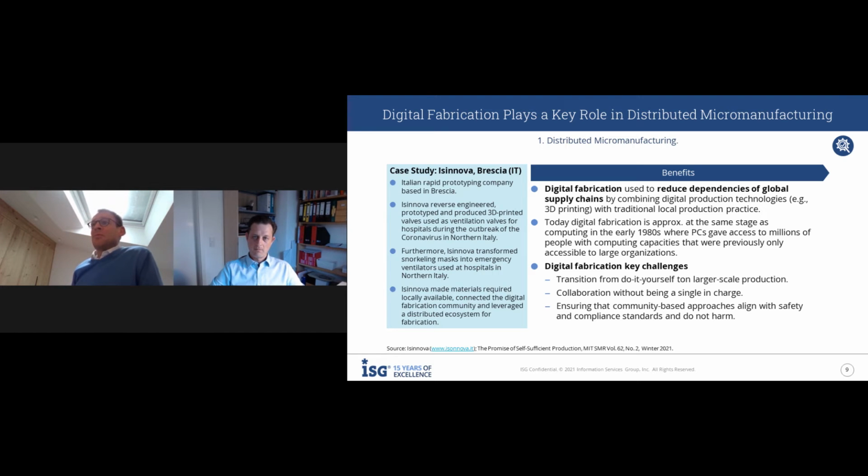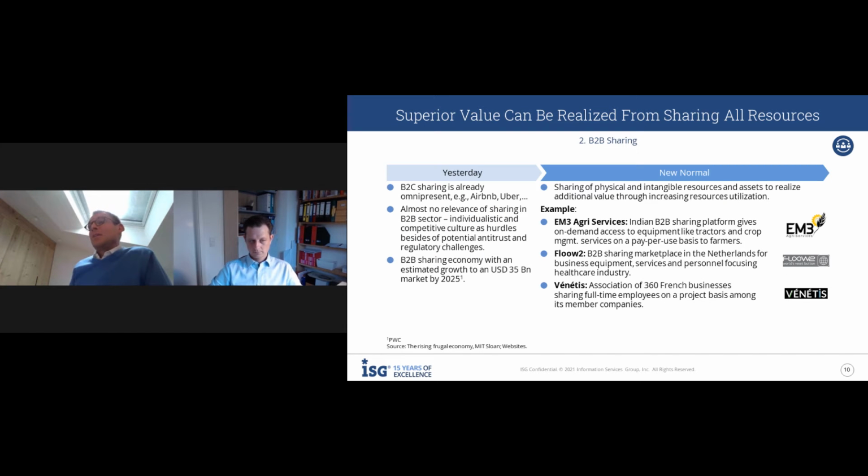Often you are coming from a do-it-yourself way, and now you need to rapidly scale it, which is of course a challenge. And also to ensure standards, maybe related to health and security. This is of course much more difficult if you don't have globalized, standardized processes and experienced providers.